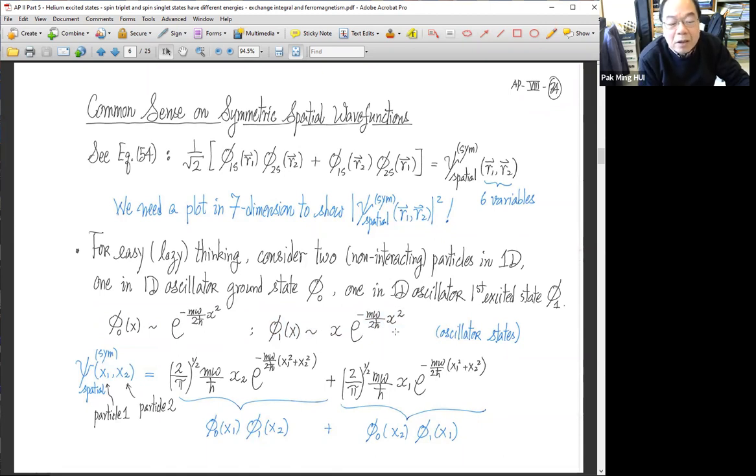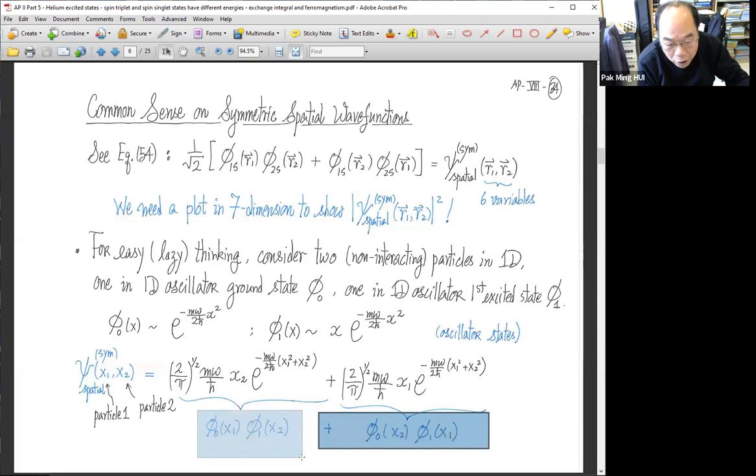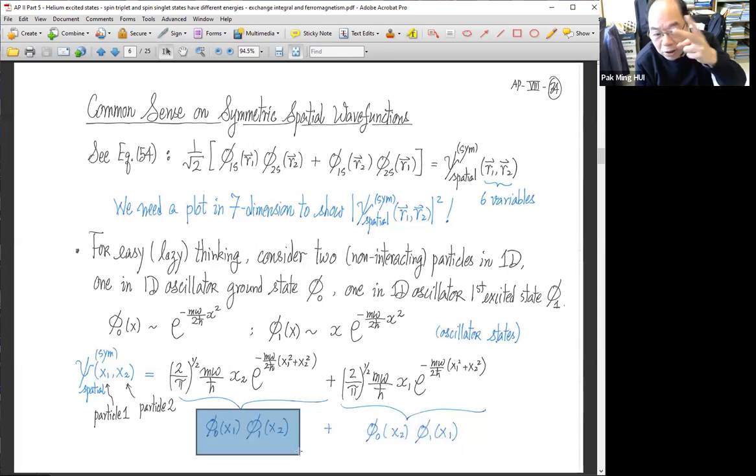So now, how can we form a symmetric two-particle spatial wave function? We know how to do it. We must do this plus this. If you only have one term, you flip x1, x2. It has no symmetry property at all.